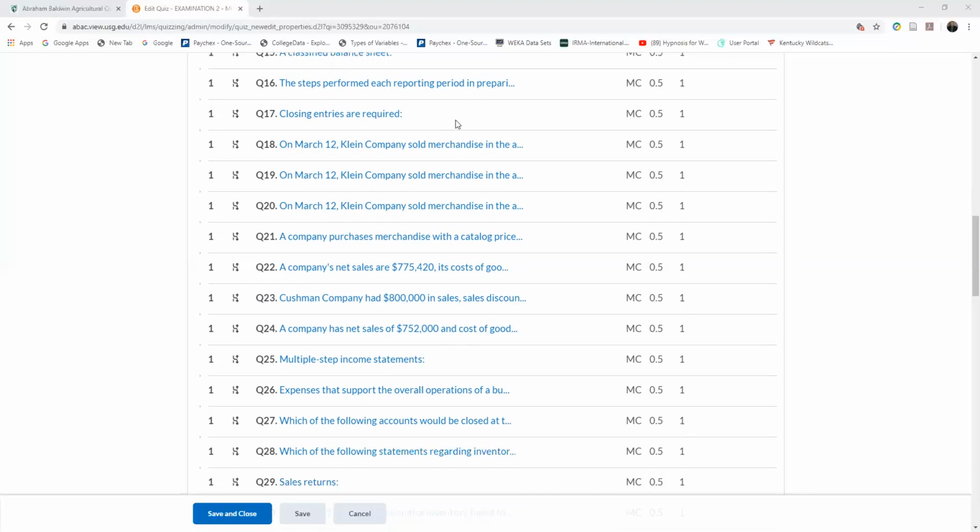Okay, next we have merchandise that's sold. Up to this point, we've been talking about service businesses, and service businesses do not have merchandise inventory. A merchandiser is somebody like an Amazon or a Walmart. What they do is they buy product from a manufacturer, and they essentially just stock it.